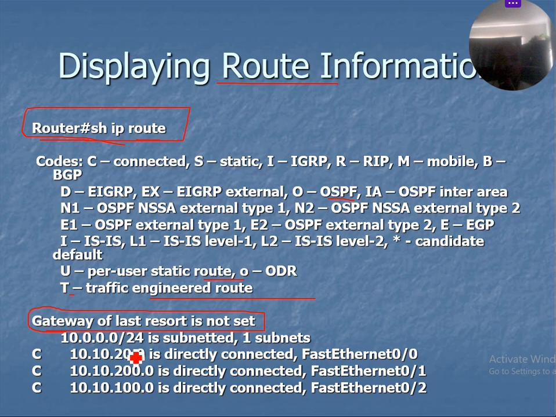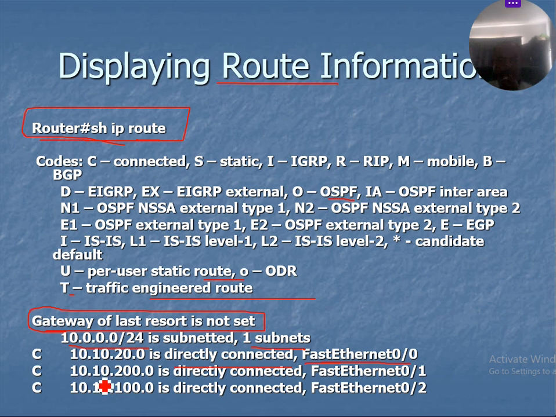Okay, so here is showing you this particular class C subnet. It is one subnet and directly connected. That is telling you 10.10.20.0 is directly connected, and this is the interface, Fast Ethernet 0/0.